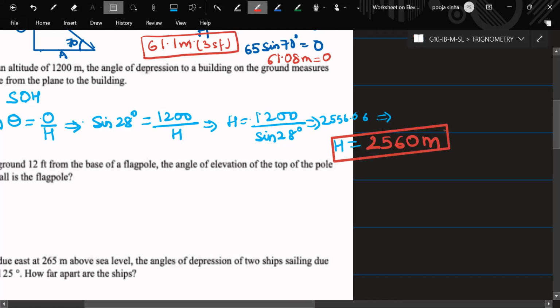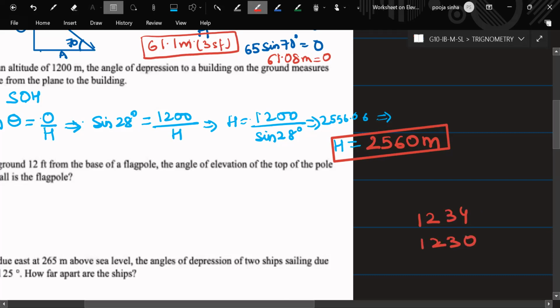If I just say 2556, that's not three significant figures, that becomes four significant figures. So if I have a figure of 1234, to three significant figures my answer would be 1230.